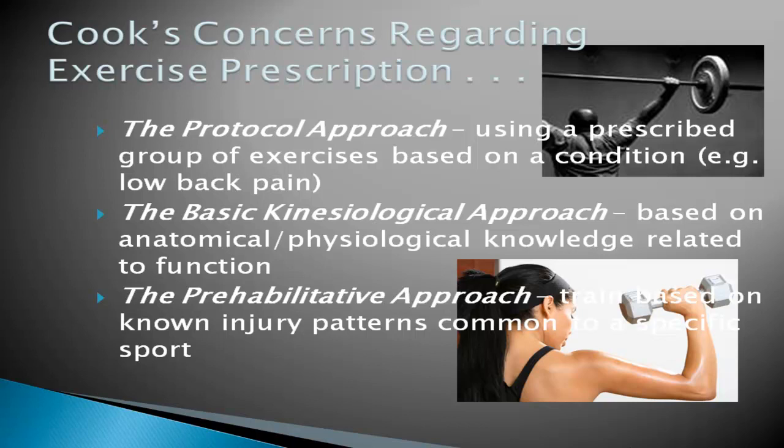And the prehabilitative approach, which is to train athletes proactively based on known injury patterns common to a specific sport. His concern is that individual dysfunction is subtle and complex, and that by not identifying each individual's dysfunction, the practice of a generalized approach to exercise may embed and hide this dysfunction, potentially reducing performance or increasing risk.